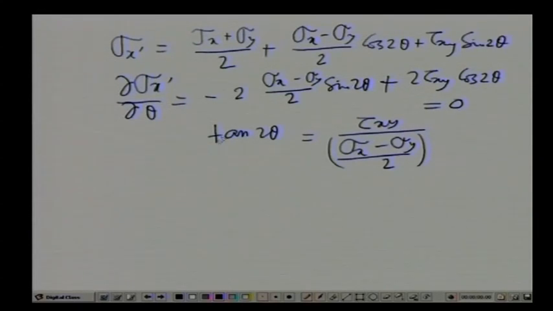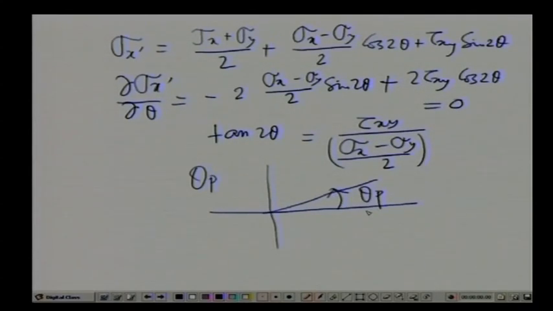Now, this particular equation has two values of theta. One is, let us call that theta p. With reference to the axis system, we have the plane which is at an angle of theta p.